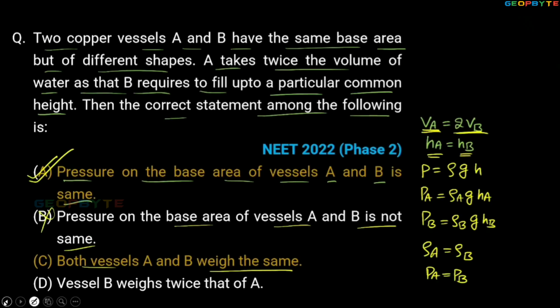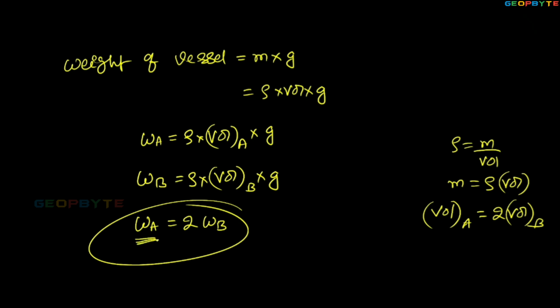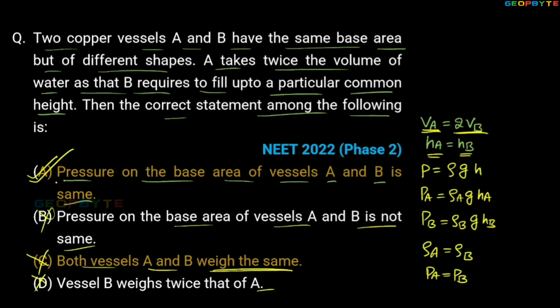Therefore, weights need not be same. It is given as both vessels A and B have same weight. Not correct. Vessel B weight is twice that of A. No. Vessel A weight is 2 times the vessel B. D also not correct. Only option A is correct. Are you following clearly? Yes.